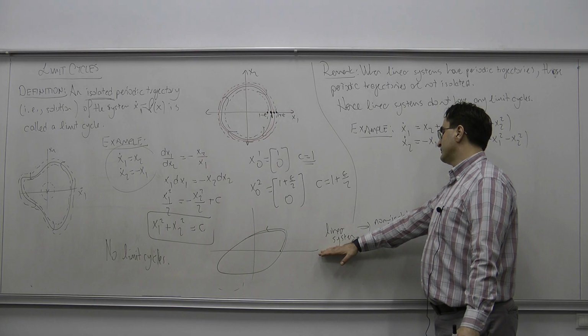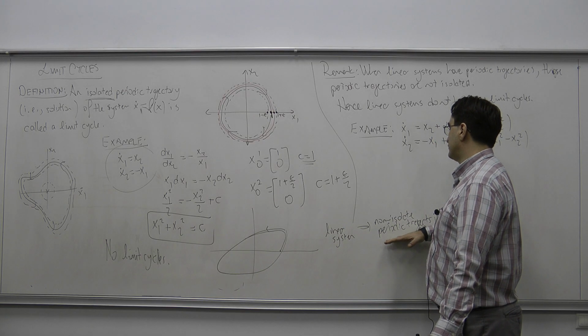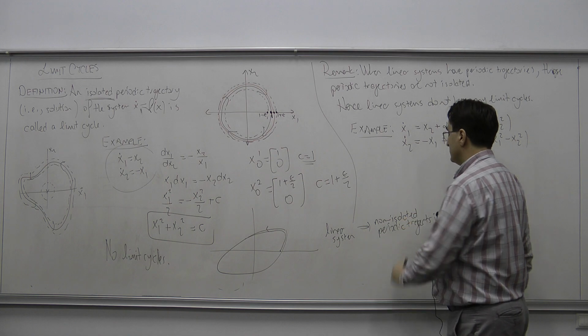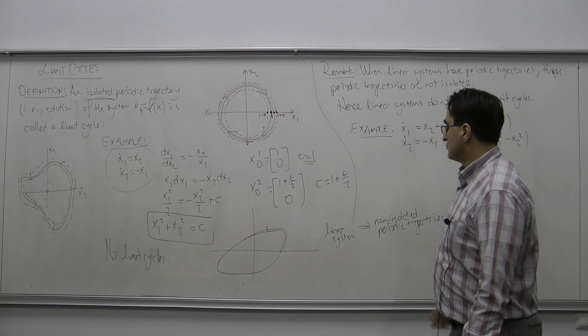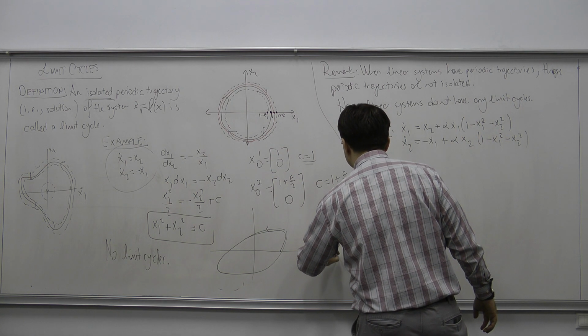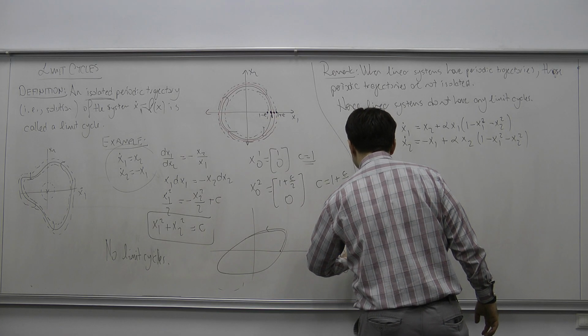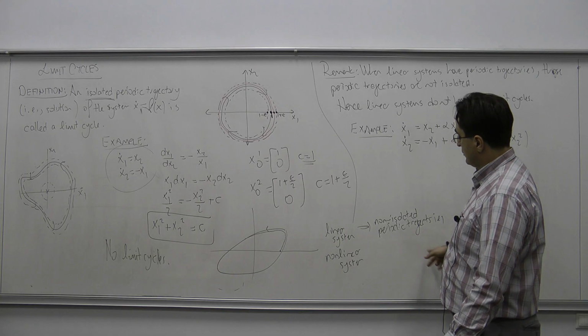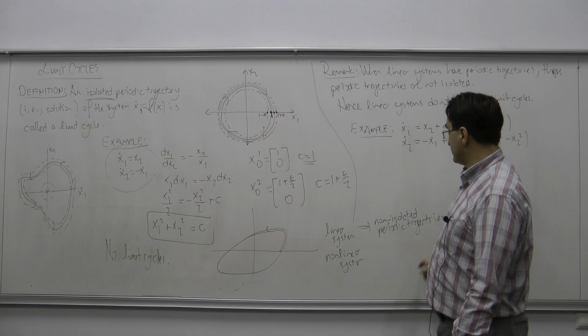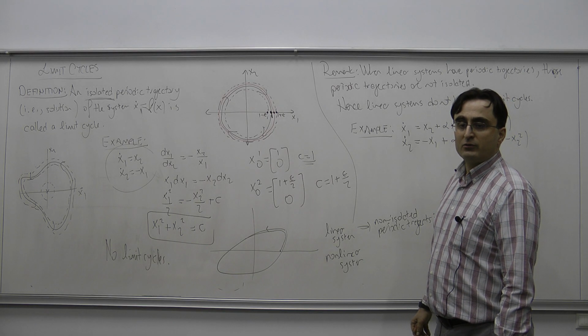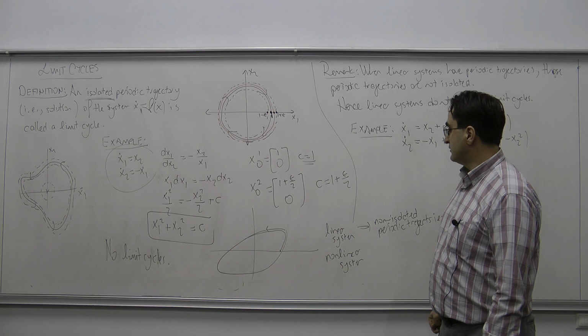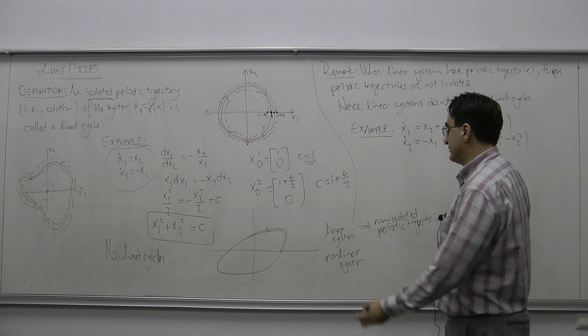If I have a linear system, then all periodic trajectories are non-isolated. Okay? So what can I say if I have a nonlinear system? Then all periodic trajectories are isolated. Can I say that? So this implication really does not mean that.